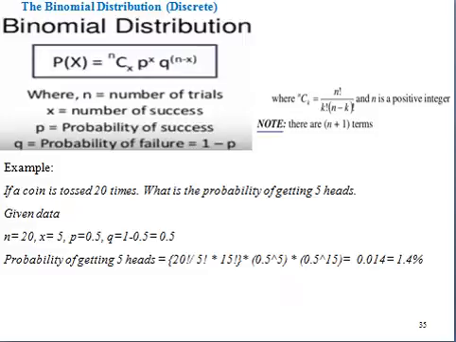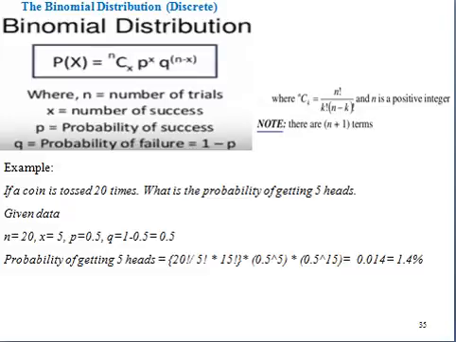Okay, so if I have a coin and I toss it 20 times, what would be the probability of getting 5 heads? Here my n, which is the total number of trials, would be 20. X is the number of successes, meaning I want x as 5.